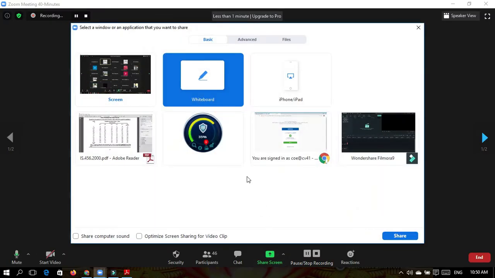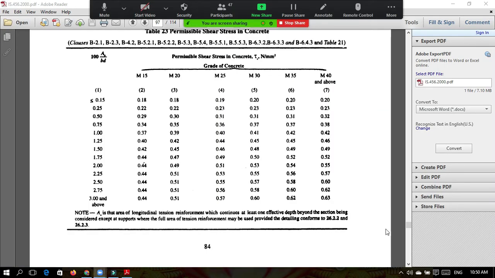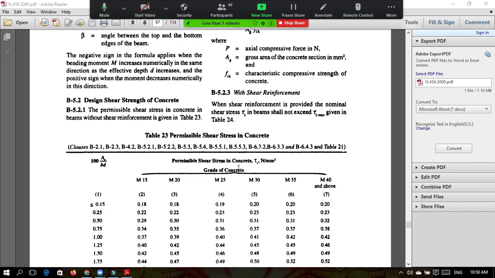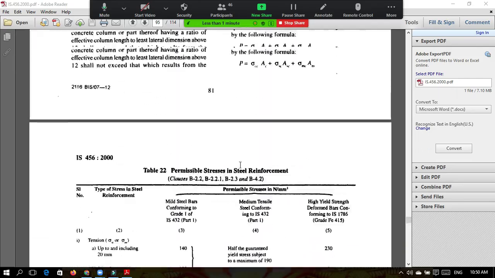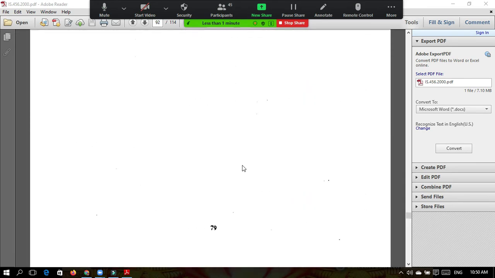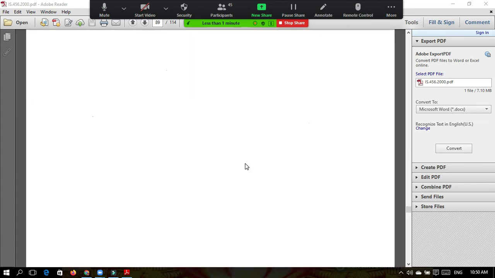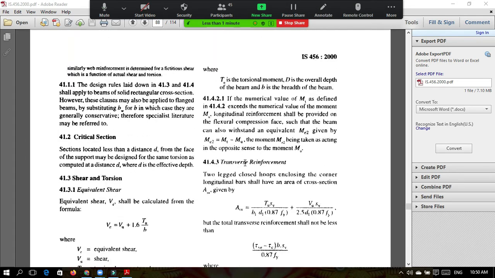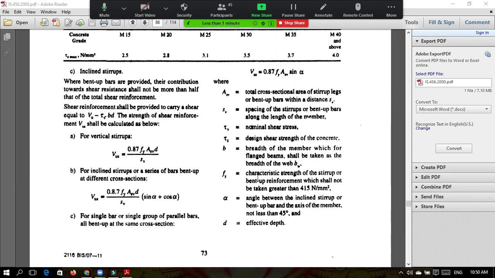In the IS code, that is page number 73, clause number 40.4.